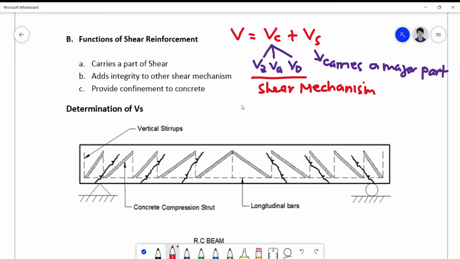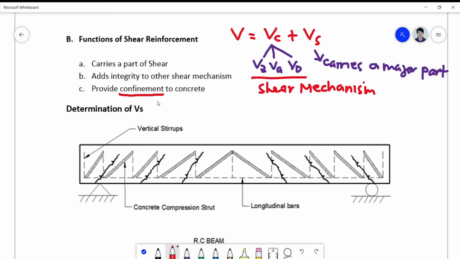And number three, it also provides confinement to the concrete. When the stirrups are placed all throughout the beam, confinement is improved, which also helps the shear mechanism aspect of your concrete contribution.